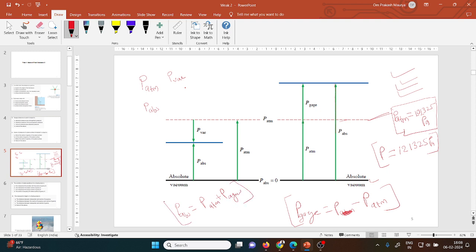So always remember, P absolute is the combination of both the atmospheric pressure and the gauge pressure. So this is the whole idea.